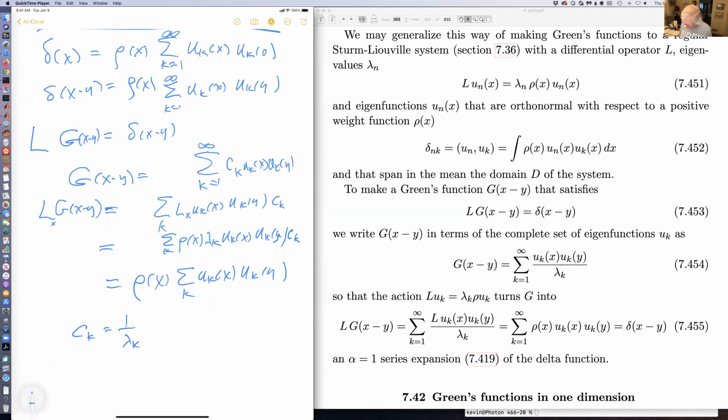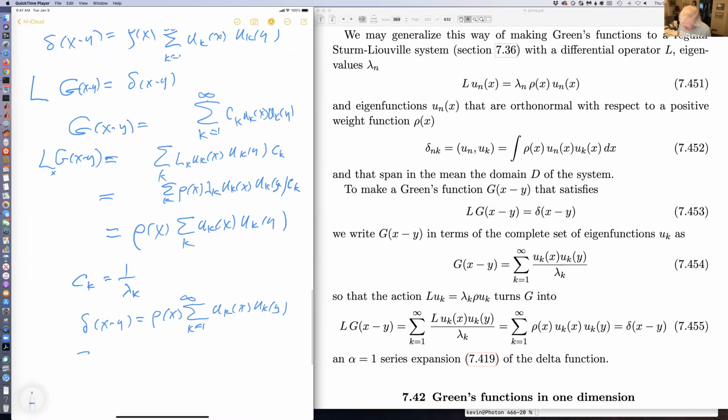So ck is 1 over lambda k, delta of x minus y is, of course, rho of x, sum k equals 1 to infinity, uk of x, uk of y, and G of x minus y is a sum k equals 1 to infinity, uk of x, uk of y, over lambda k.